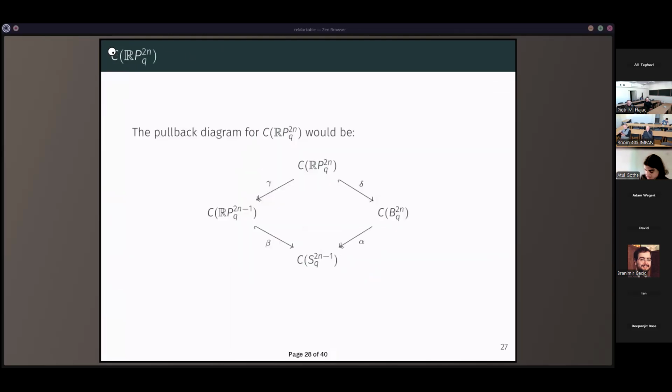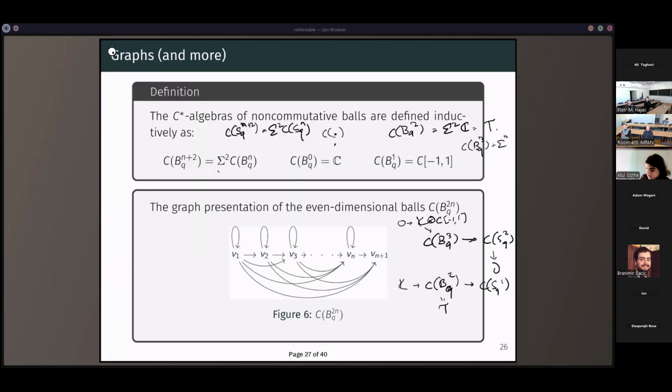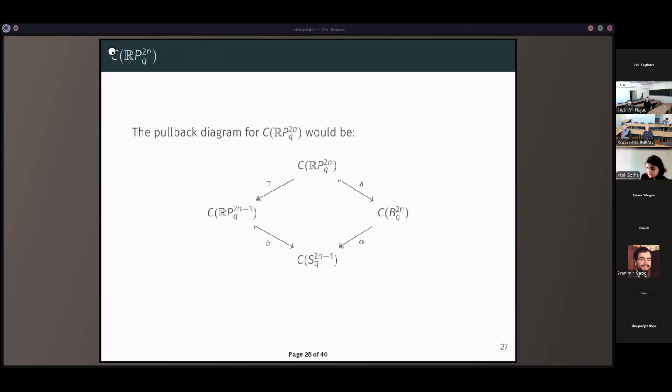So now we want to have some pullbacks so that we are working with quantum CW complexes. So we want to look at pullbacks of C star algebras. We want to show that C of RPQ2n maps to C of BQ2n, and to C of RPQ2n minus 1 and C of SQ2n minus 1. This is in fact a pullback diagram.